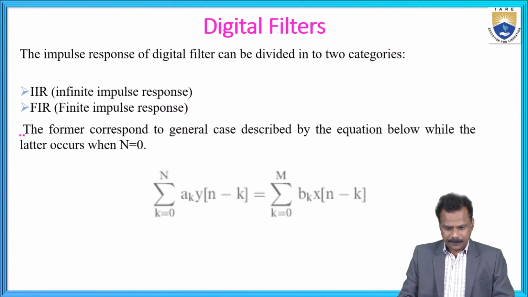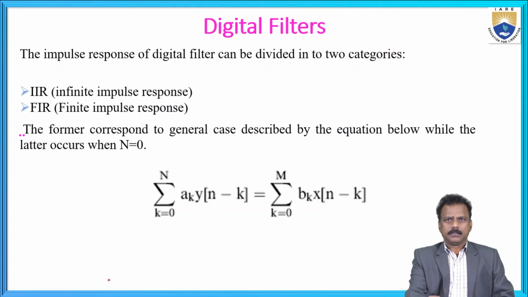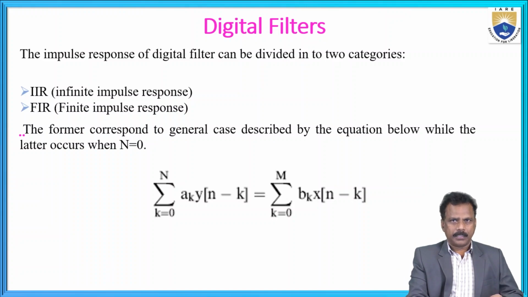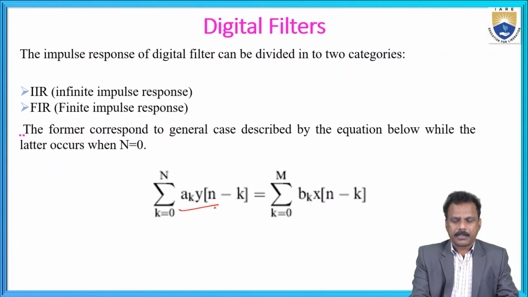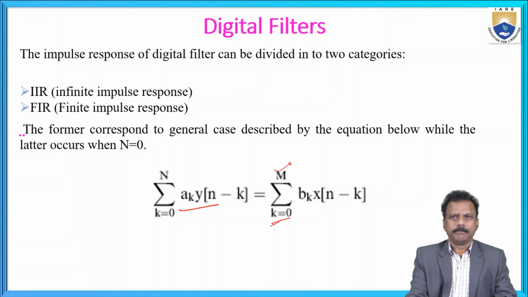The summation k equal to 0 to N of a_k y[n minus k] is equal to the summation k equal to 0 to M of b_k x[n minus k].